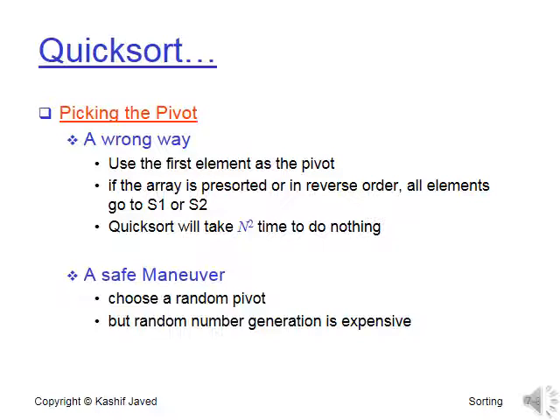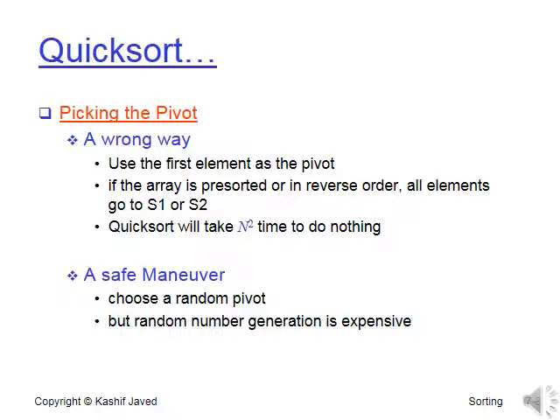If the array is pre-sorted or in reverse order, then all elements go to the left subarray S1 or to the right subarray S2. The pivot in this case is providing a poor partitioning. Sorting the elements to the left or right subarray will take order n squared time complexity to do practically nothing if the array is pre-sorted or in reverse order.